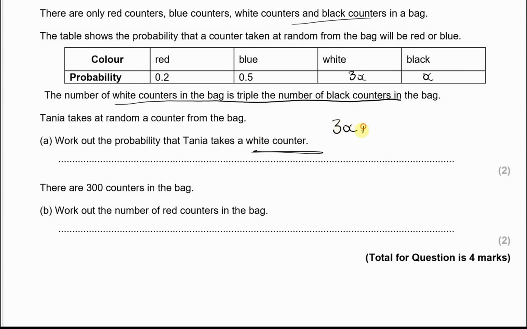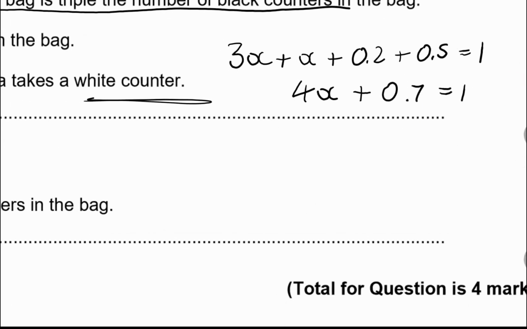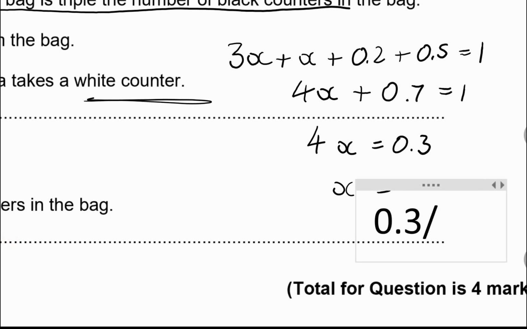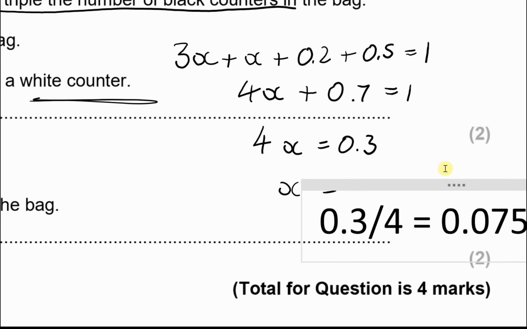We know if I add together all my probabilities, they must always equal 1. So I now have 4x plus 0.7 equals 1. So 4x equals 0.3, and then you'd do 0.3 divided by 4. That will give you 0.075.